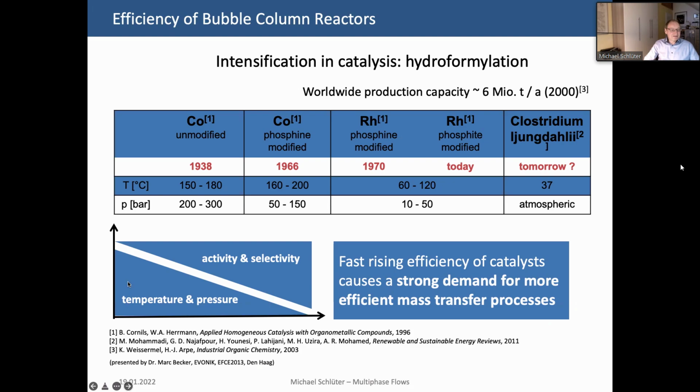So what does it mean at the end? We see that the temperature and pressure go with the timeline further down. And of course, in the same way, we try to enhance the activity and the selectivity of the processes to have a much better performance concerning raw materials and the quality of products and also sustainability.